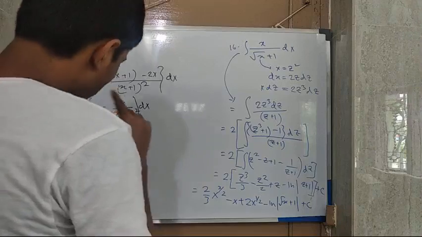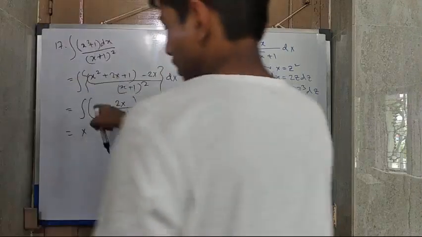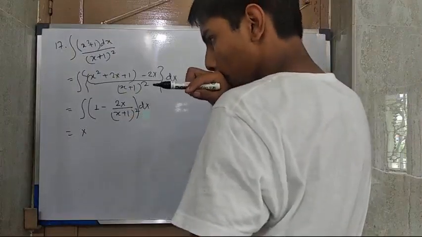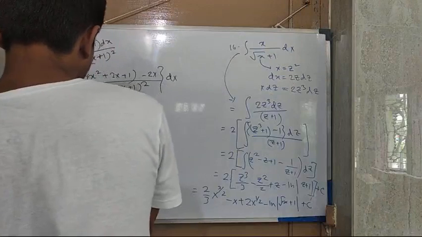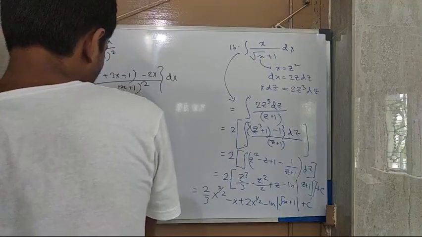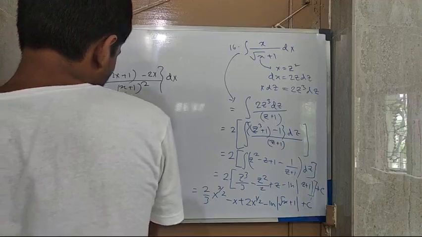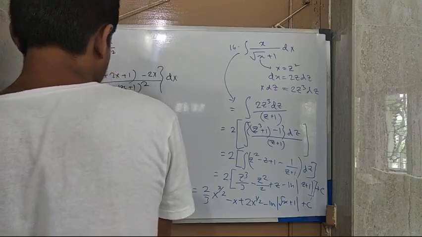So we have to integrate this. This portion 1 becomes x, and to integrate the other part I'm going to take 2 outside, and x plus 1 minus 1 by x plus 1 whole squared dx.